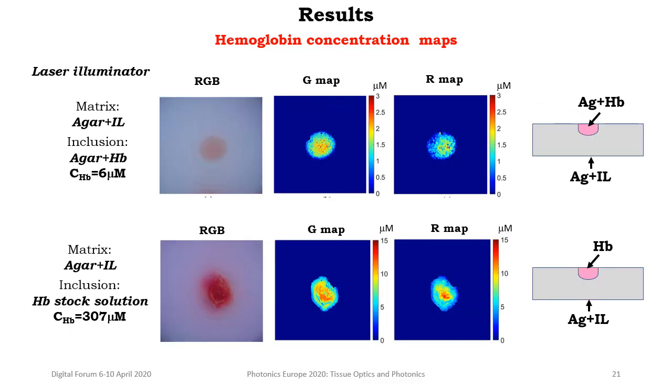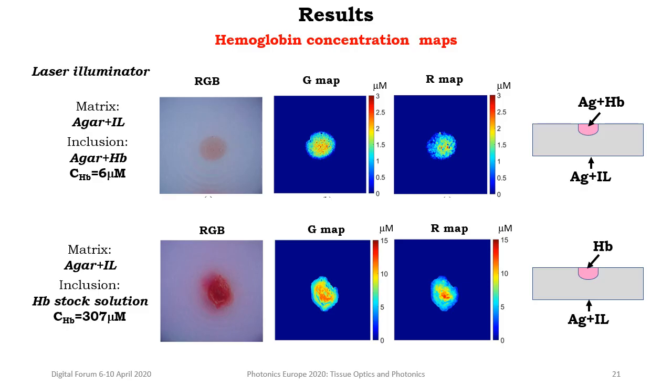Here you can see the illustration of the calculated hemoglobin concentration maps of simulated skin vascular neoplasms. These are one-layered phantoms with inclusions. The matrix of the phantom is made of agar with intralipid. Neoplasms are made of hemoglobin agar solution and hemoglobin water solution.